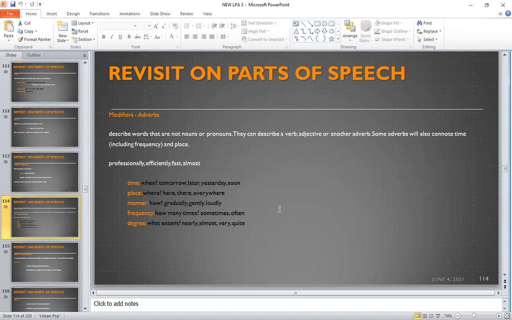Manner, how: gradually, gently, loudly. Frequency, how many times: sometimes, often. Degree, to what extent: nearly, almost, very, quite. When you use those in a sentence, those are modifiers. I'm almost done. I'm nearly done.